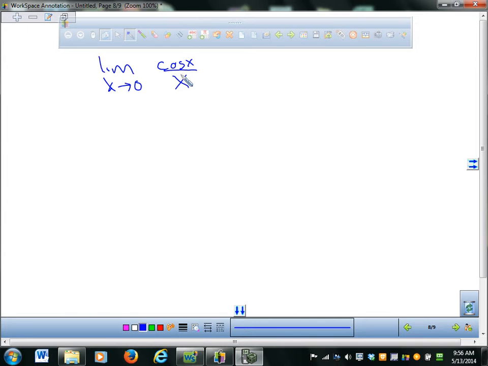Okay? Well, what do you guys think that answer is? Oh, that's not what I wanted to do. Cosine, so let's change it to sine of 1 over x. That's what I want.